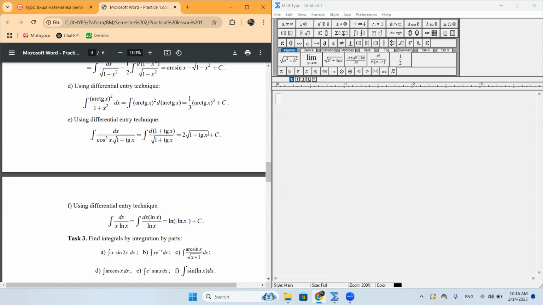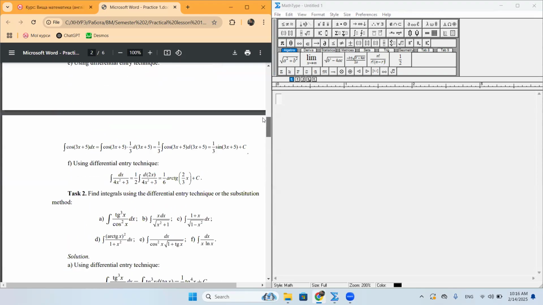Actually, it's not obvious how to calculate such integrals. In case of differentiation, it's understandable, but we don't have rules for integrating a product. But we know another approach, integration by parts.